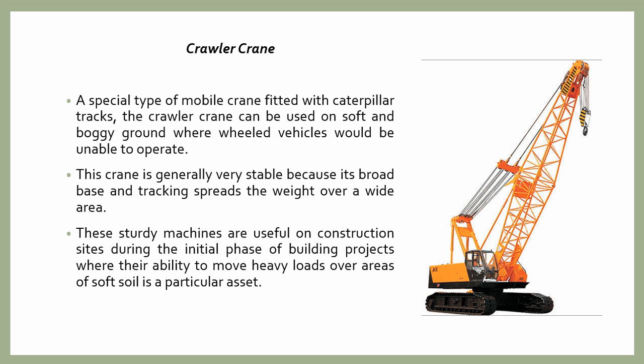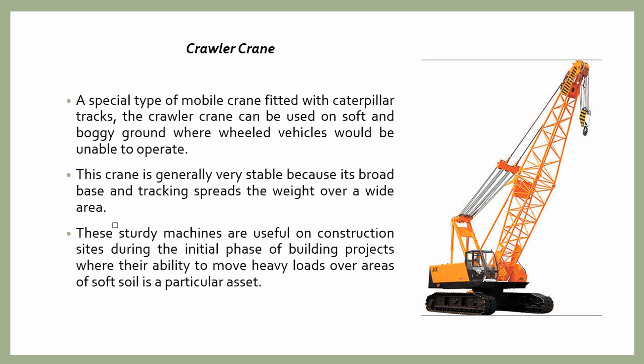These types of crane are generally very stable because the broad base and the tracks spread the weight over a wide area. Thus, these sturdy machines are useful on construction sites during the initial phase of building projects, where they can move heavy loads over areas of soft soil.